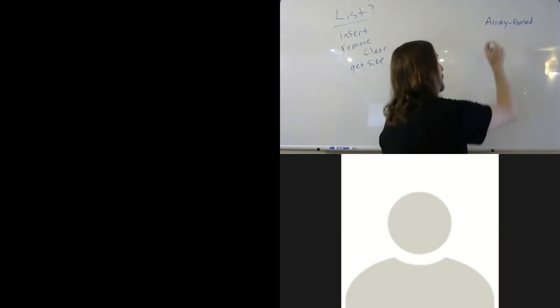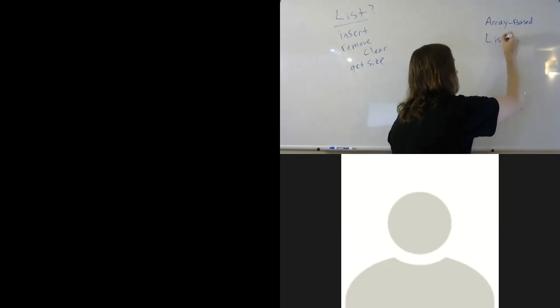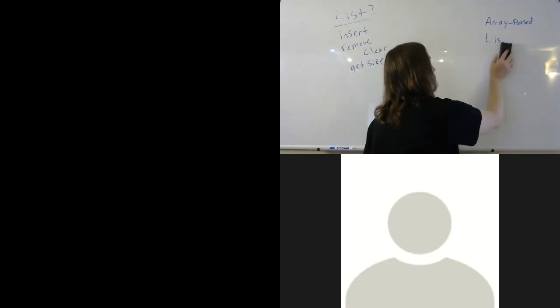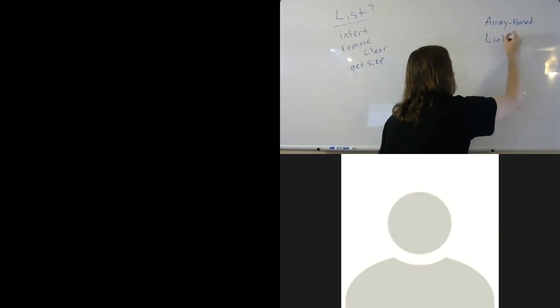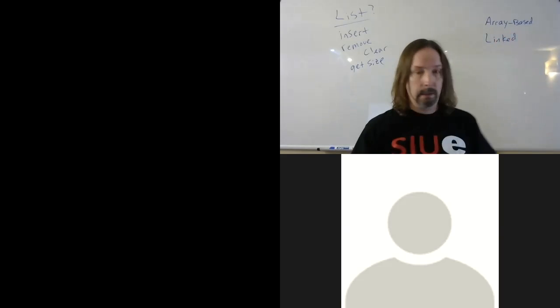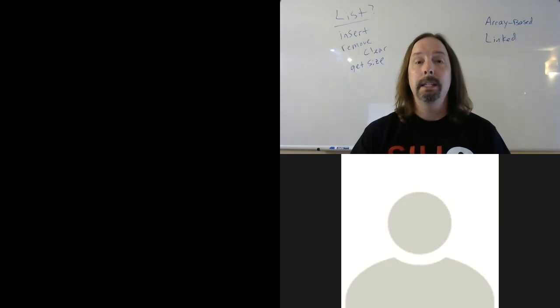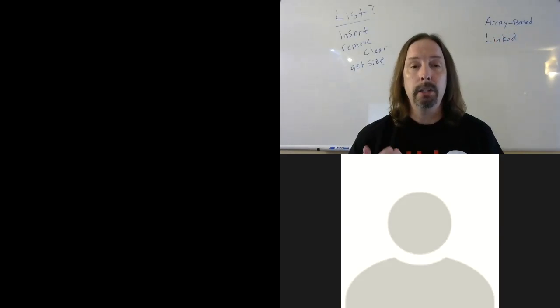The second kind of list is a linked list. A linked list is a list that is not stored in an array. Instead, it's stored as a collection of things called nodes. That's spelled N-O-D-E, node.